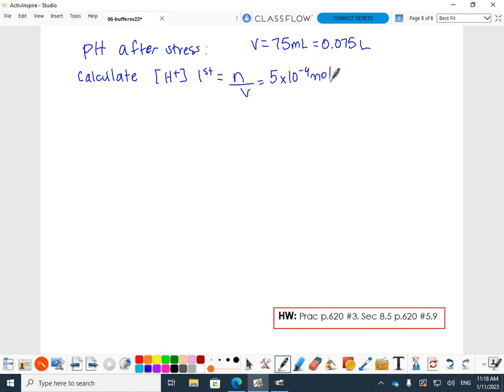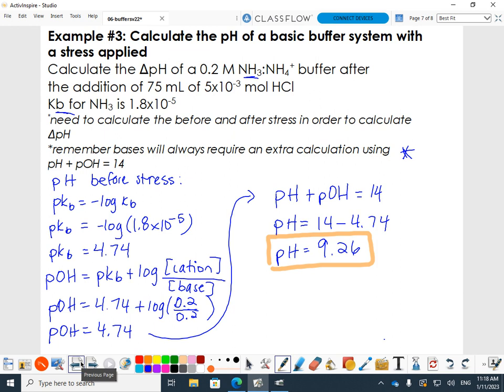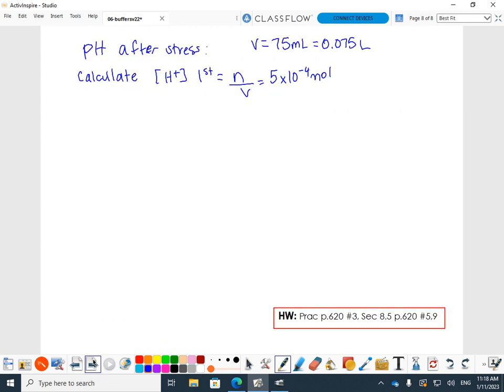Okay, so in the question, I'm given 10^-3 moles. I wrote 10^-4, sorry. Which is 0.067. So again, take a quick look. Think, is that less than 0.2? Yes, it is. So I'm probably right.